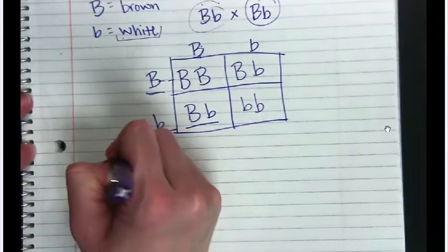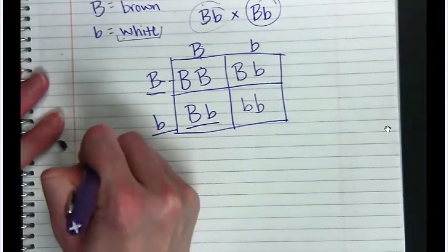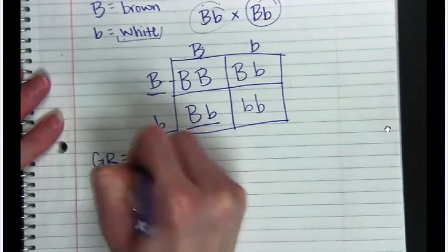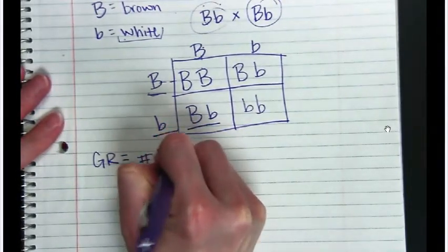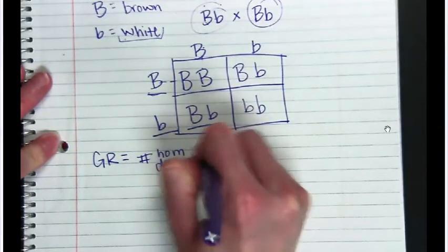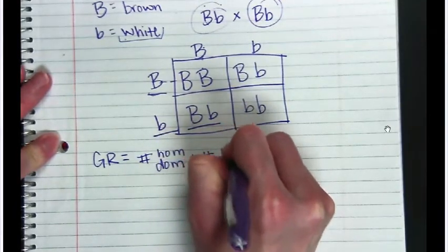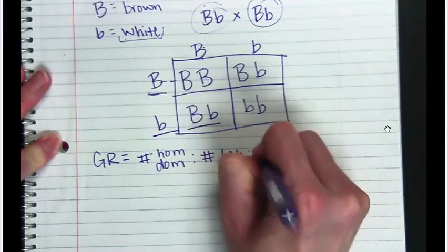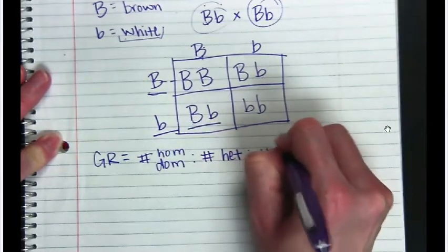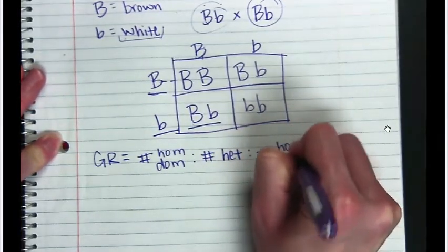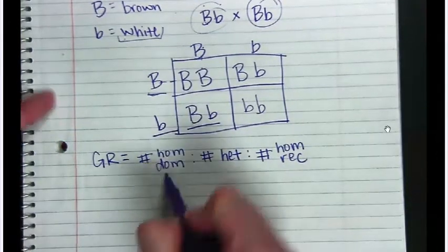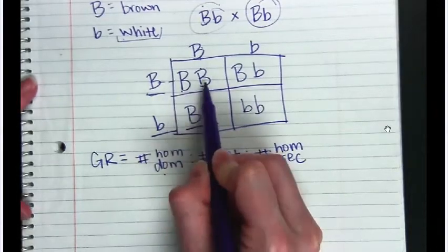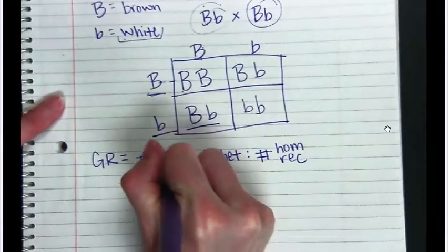So, as you saw on the slide, the genotypic ratio is equal to the number that are homozygous dominant, or HOMDOM, the number that are heterozygous, and the number that are homozygous recessive. So in this example Punnett square that I've done, the number that I have that are homozygous dominant, so big B, is 1.